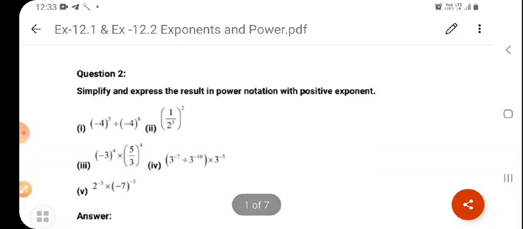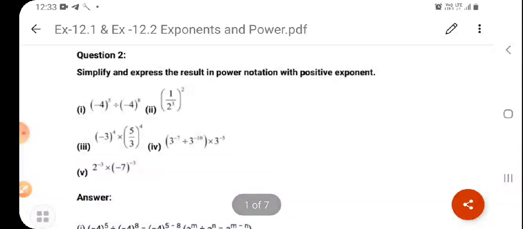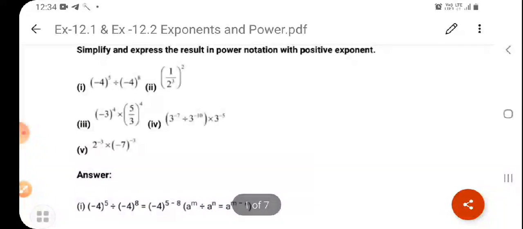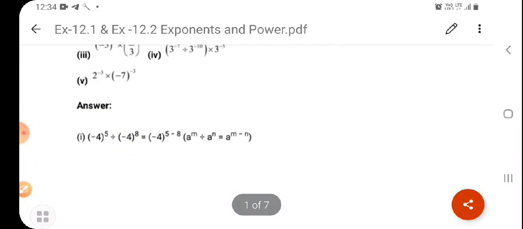Now simplify and express the result in power notation with positive exponent. Minus 4 to the power 5 divided by minus 4 to the power 8. Here on division the powers get subtracted, and on multiplication, if there is a like base, then the powers get added. So here the base is the same, minus 4, and the powers are different, 5 and 8, and there is a divide sign between them.